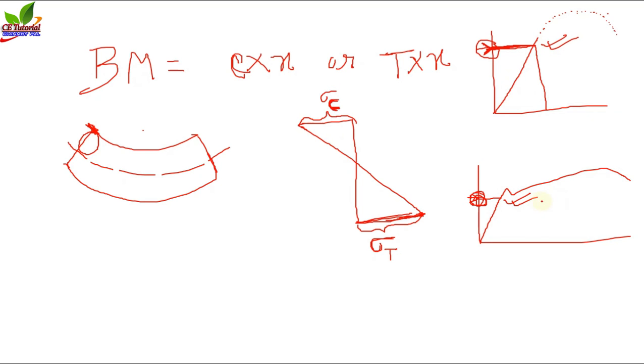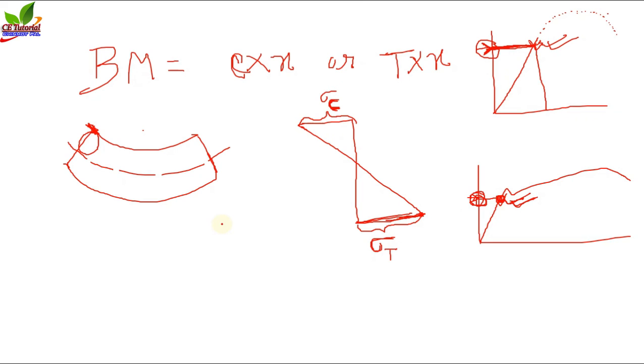This is the permissible stress in the working stress method, and you cannot go beyond that limit. That means if sigma c exceeds this value for concrete, the material will fail, and if sigma t exceeds this value, the material will fail.